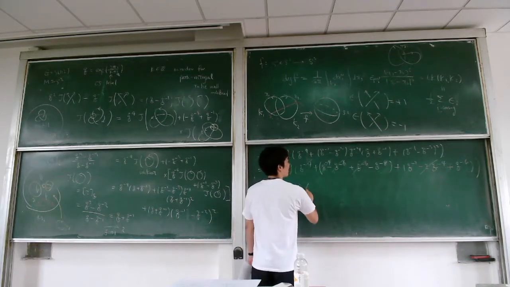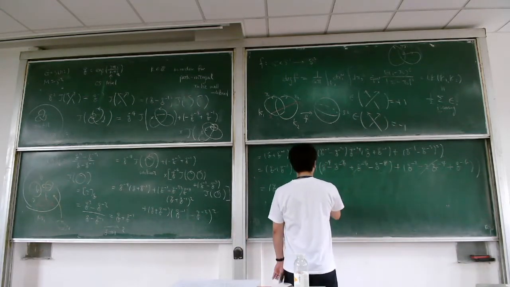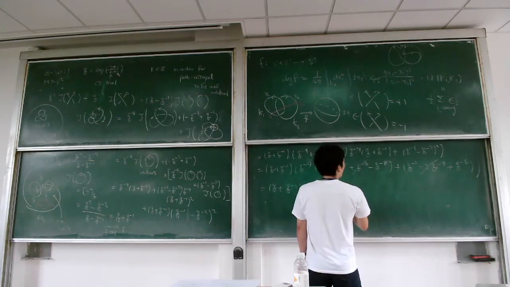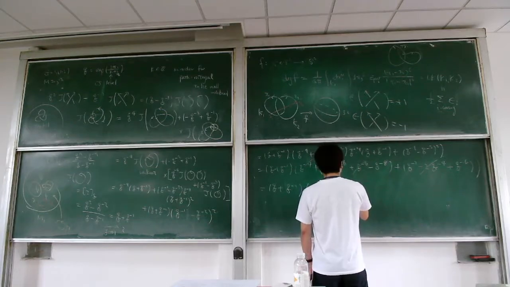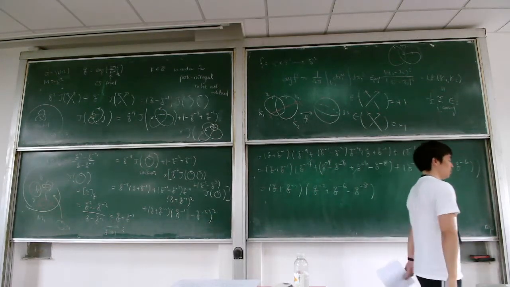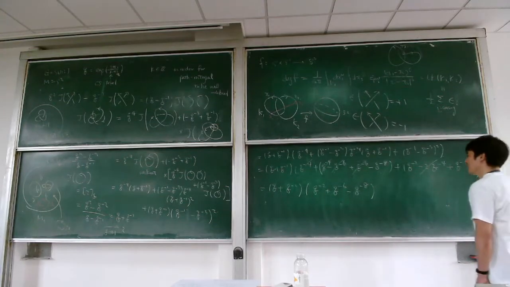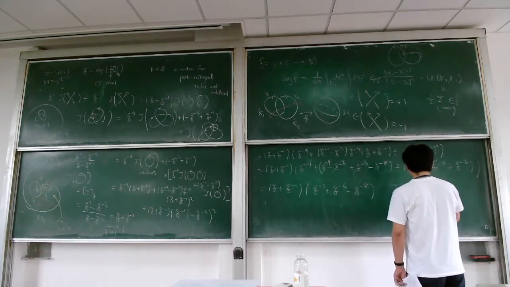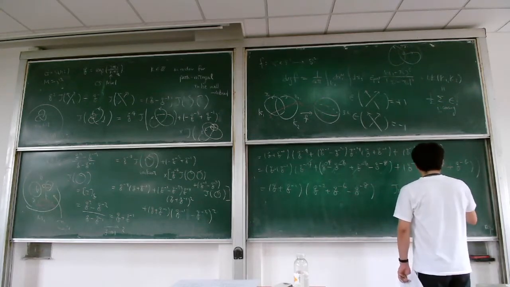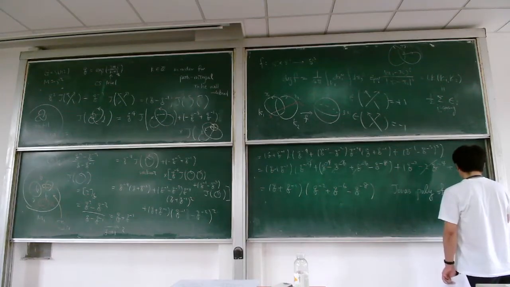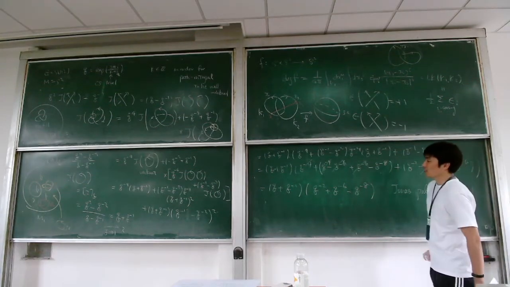And then q to the minus 2 plus q to the minus 6 minus q to the minus 8. Good. So this is called Jones polynomial of the circle. So good exercise to do.